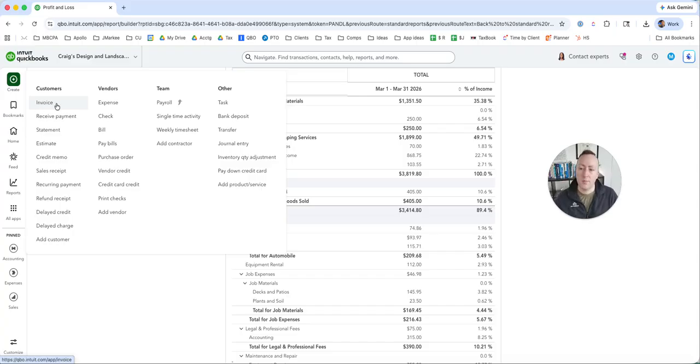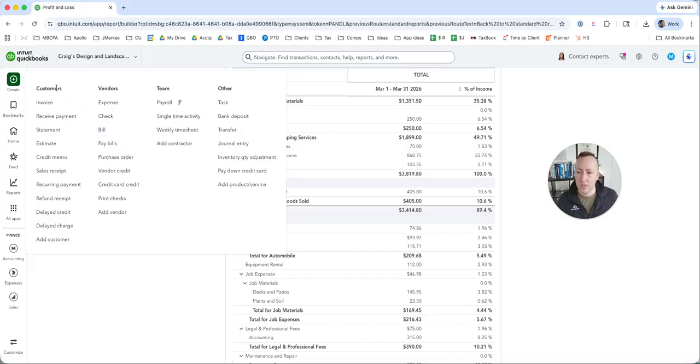So when I'm talking about billing your client, I'm always going to use the word invoice, and that's also consistent with a lot of job softwares. When we are collecting money from our clients, we are invoicing them. When we are paying our subcontractors and our vendors, we are getting billed by them.